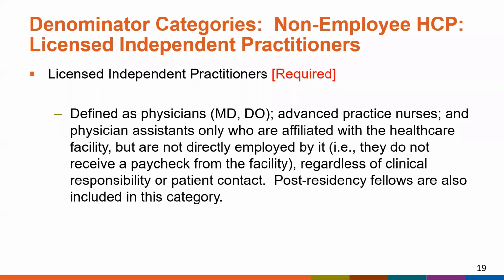The second denominator category consists of non-employee licensed independent practitioners, specifically physicians, advanced practice nurses, and physician assistants, who are affiliated with the healthcare facility, but are not on the facility's payroll, regardless of clinical responsibility or patient contact. This category also includes post-residency fellows.